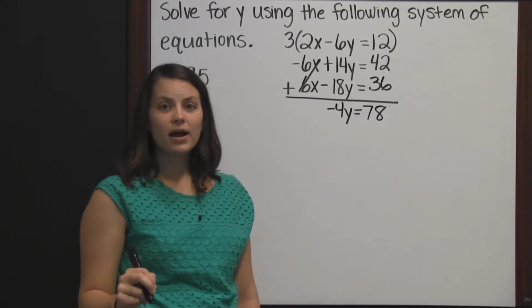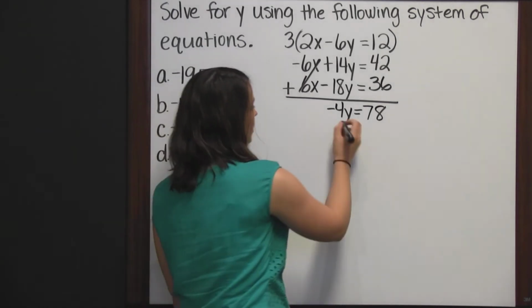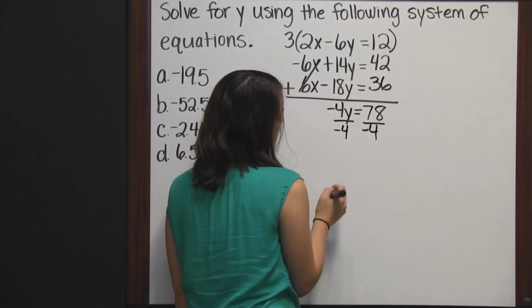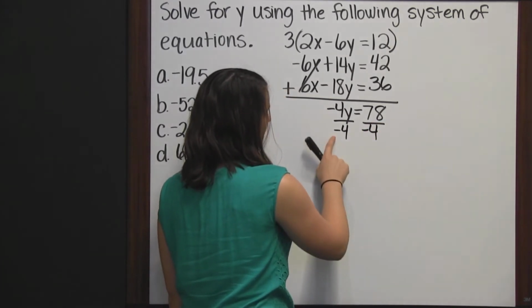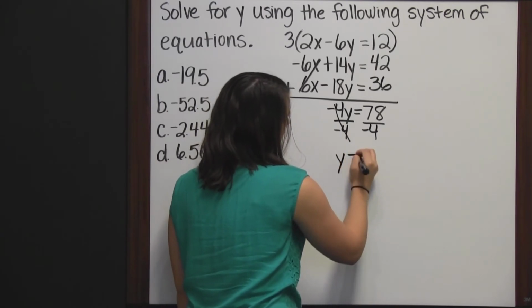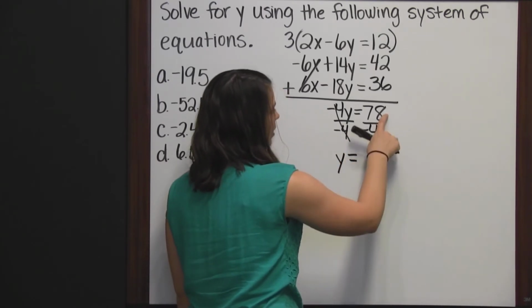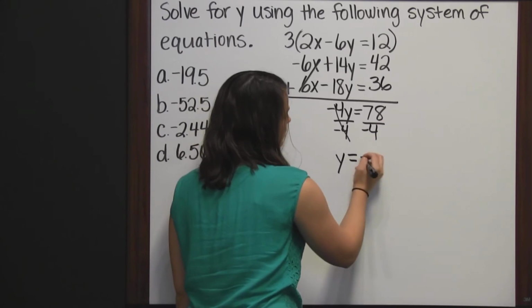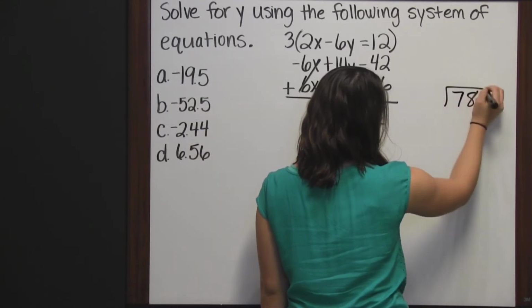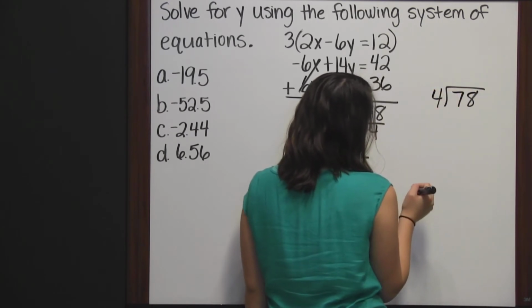Then to solve for y, I need to divide both sides by negative 14. Negative 14 divided by negative 14 is 1 times y is y equals a positive divided by a negative is a negative. And then I just need to go off to the side and divide 78 by 4.